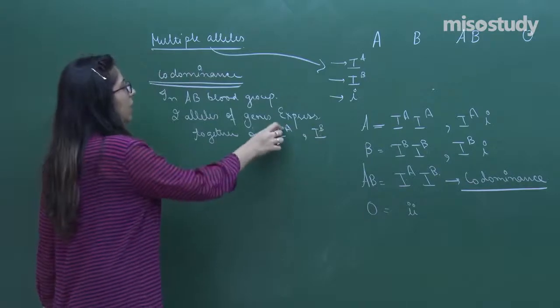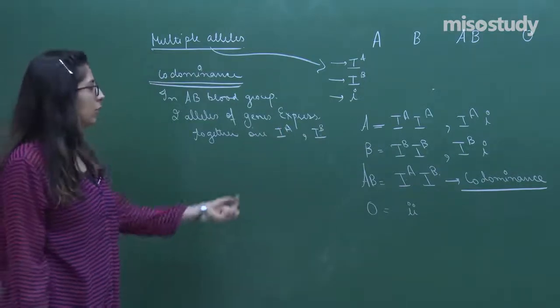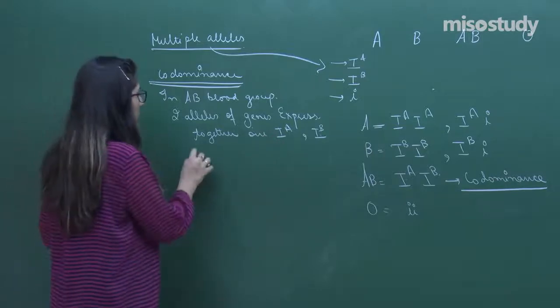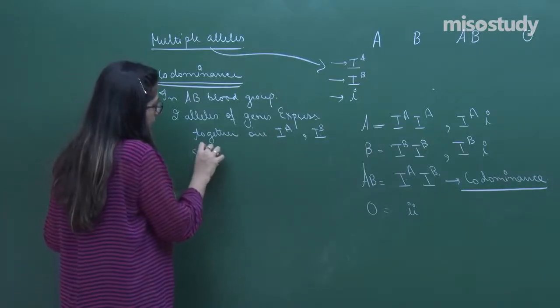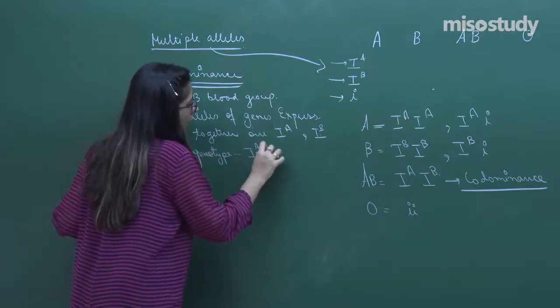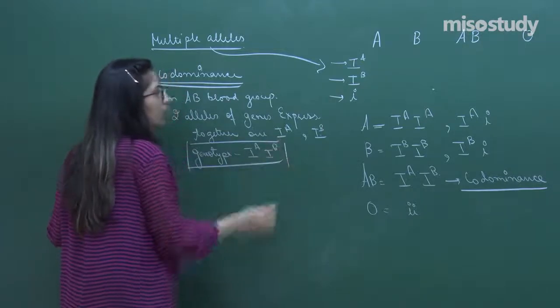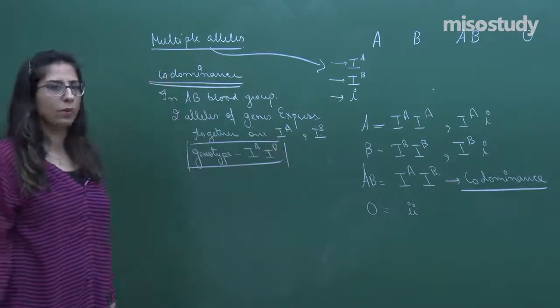This is called multiple allelism, and it shows codominance. So, codominance is there, and the genotype of AB is IA and IB. This is called codominance.